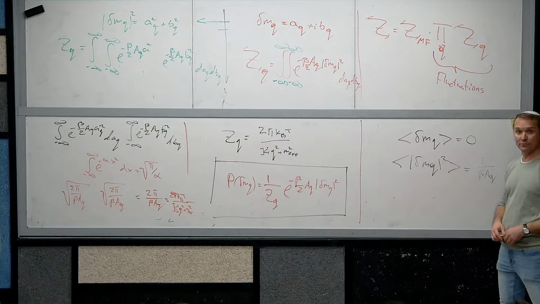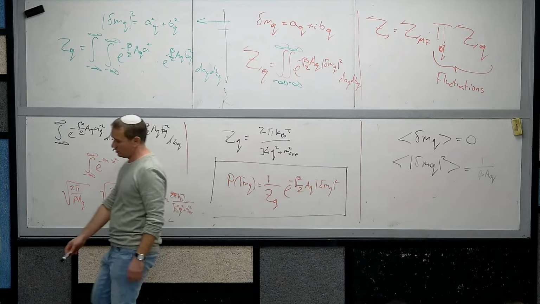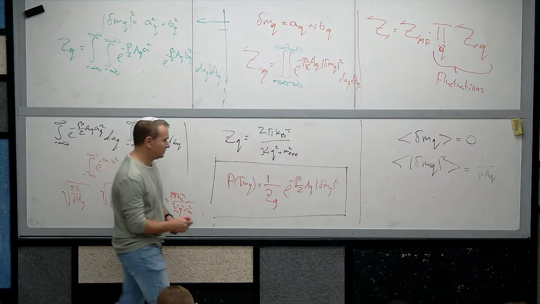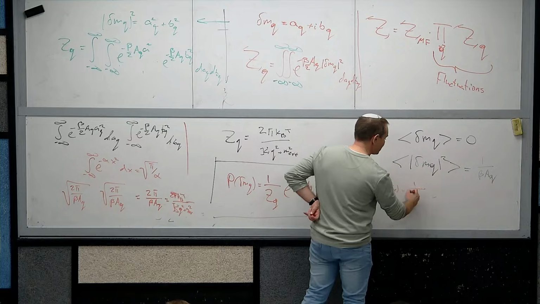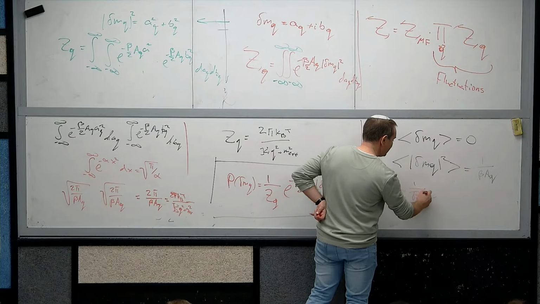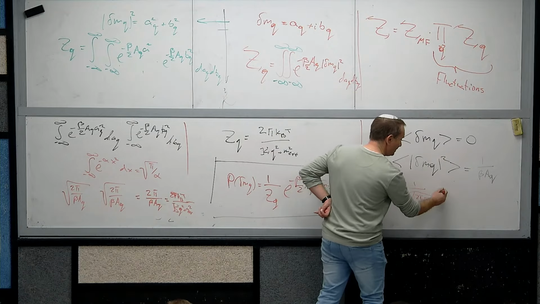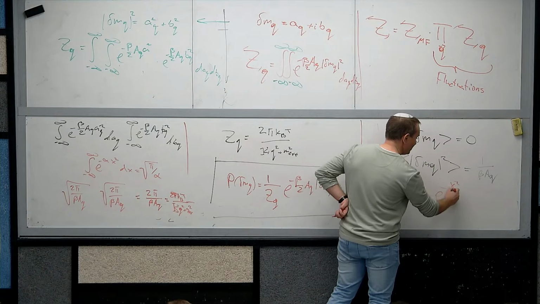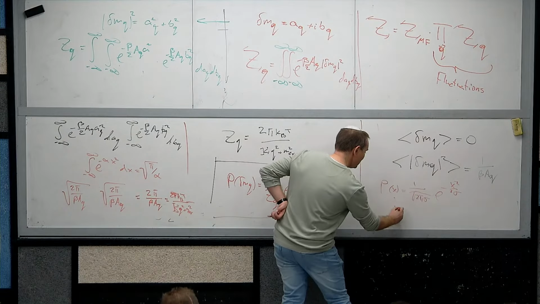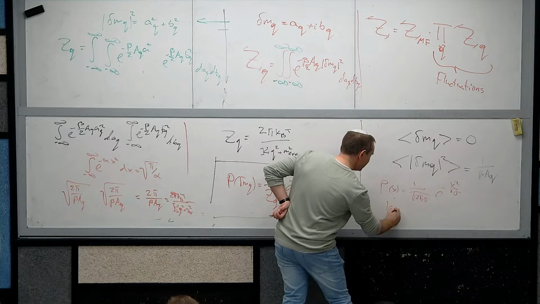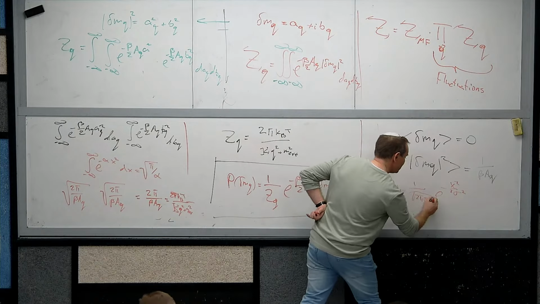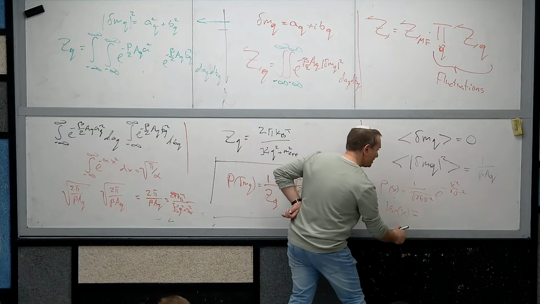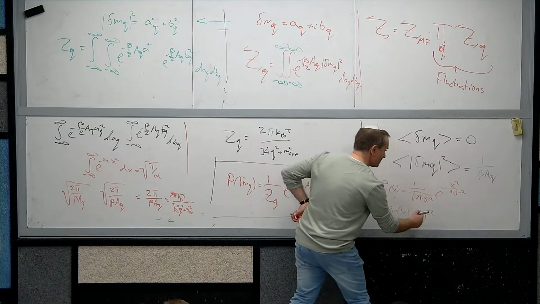If you're familiar with a Gaussian, P of x equals 1 over the square root of 2 pi sigma squared, normalized, times e to the power minus x squared over 2 sigma squared, then the variance of x is just sigma squared.